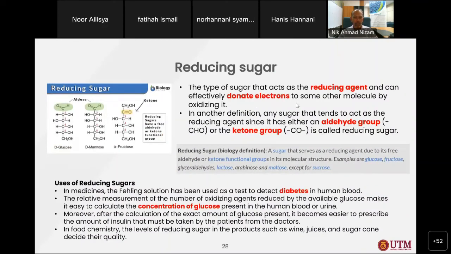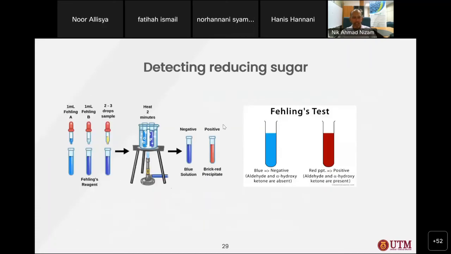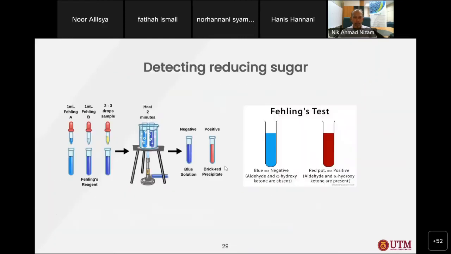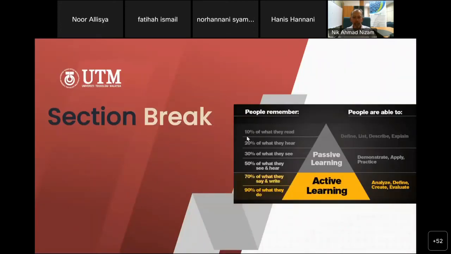Once you understand the reduction reaction here, actually I would like to have a whiteboard so that I can write out the reaction, but it's hard to explain. I think you can understand this, and then relate it to the Fehling test. The Fehling test is a reagent to detect sugar in our blood. Any question?